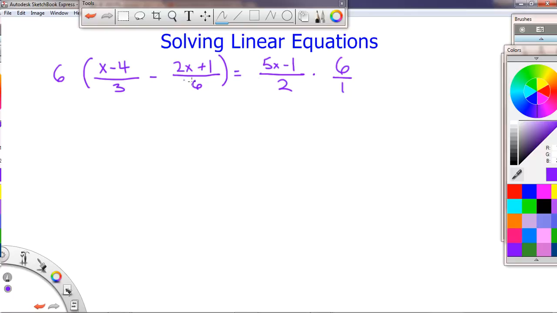All right, now I'm going to write down every step. That means we're going to take the product of 6 and this fraction. That's going to be 6 over 1 times x minus 4 over 3 minus the product of 6 and this fraction. That's going to be 6 over 1 times 2x plus 1 over 6.